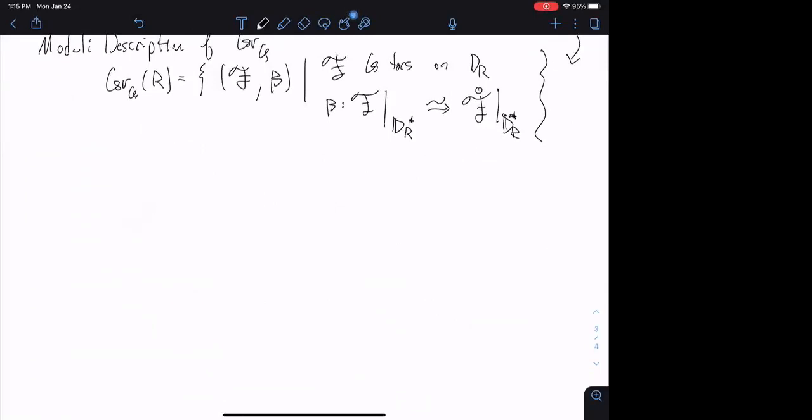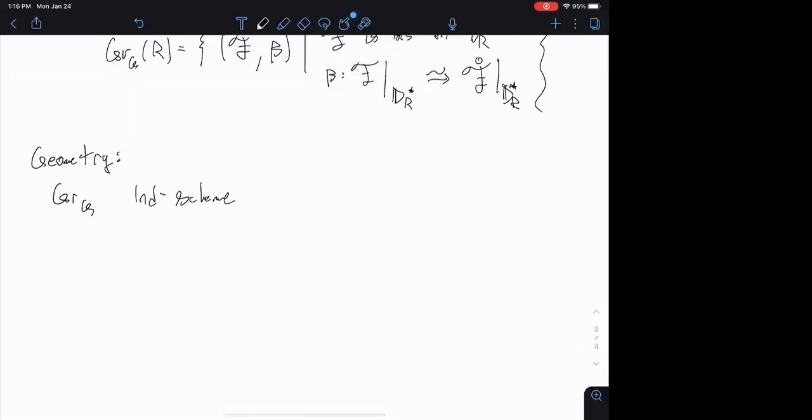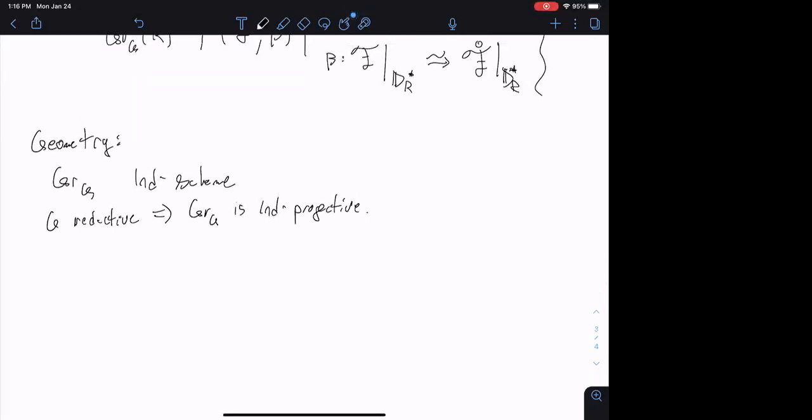Yes. Okay. So I want to discuss some of the geometry of these affine Grassmannians. So first of all, Gr_G will be an ind-scheme. In particular, it's infinite dimensional over C. Moreover, if G is reductive, then that will imply that Gr_G is ind-projective. So I'll be working with two groups.